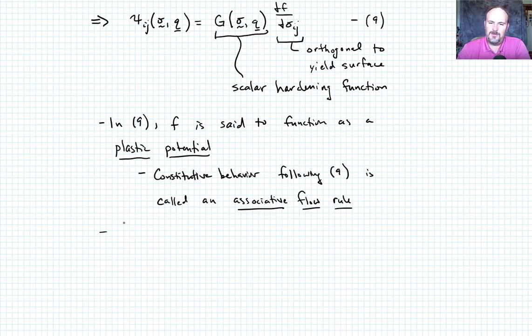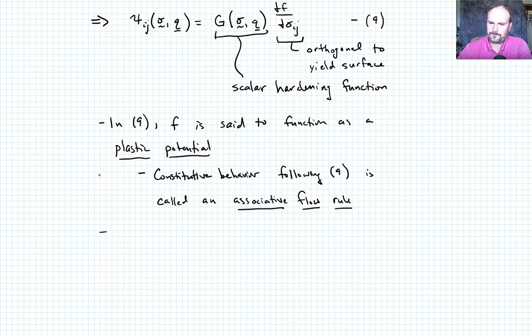It's also possible to say, I still want to use this idea of a potential, but I don't want it to be the yield function f. I want to call it something else. Let's call it g. In that case, it's still a valid formulation, but the flow rule is called non-associative.